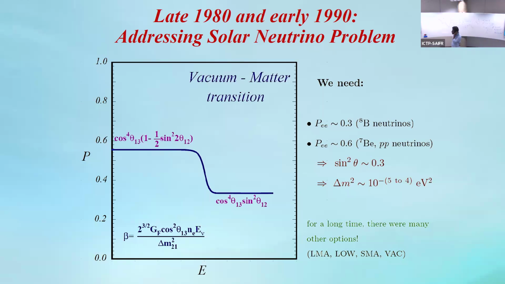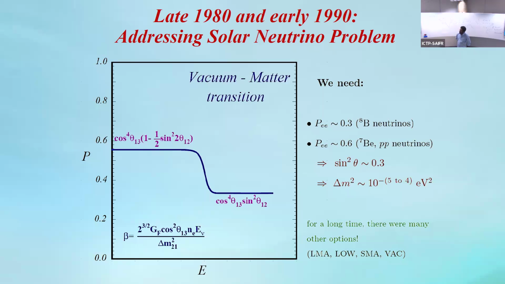I was curious about this. You talked about these magnetic moment solutions. That was very interesting. Because you said it fit the data quite well. This was realized when KamLAND, tomorrow I'll talk about it.